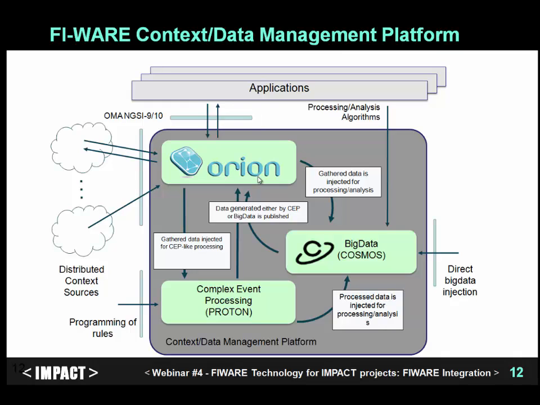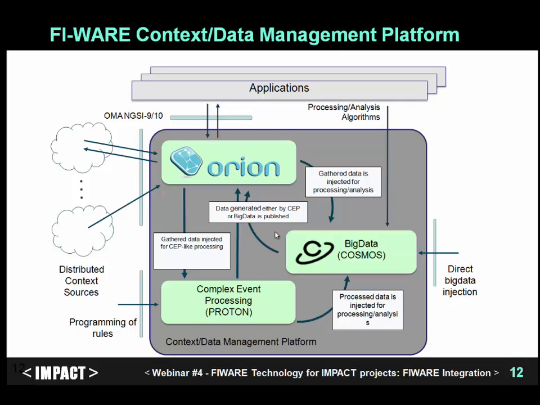It's going to get all the information coming from the context sources, anything from IoT devices to people, other applications, etc. So the information is going to come and go to Orion. Some of the devices and applications are going to produce information, some others are going to consume it.